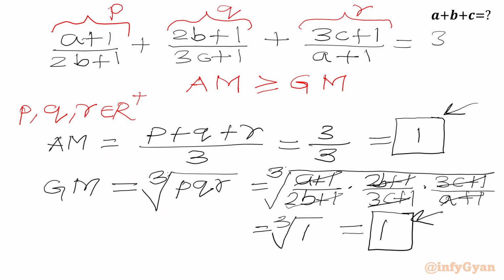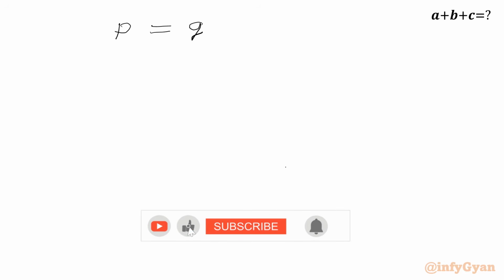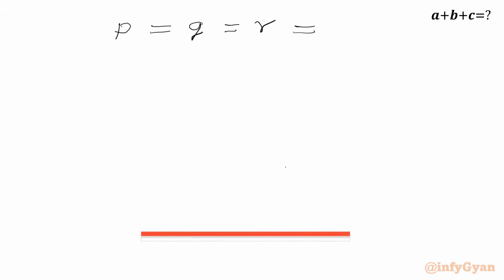We will conclude if AM equals GM, then P must be equal to Q and Q must be equal to R. So, because equality holds true, P must be equal to Q, must be equal to R, must be equal to 1, as we have P plus Q plus R equal to 3.